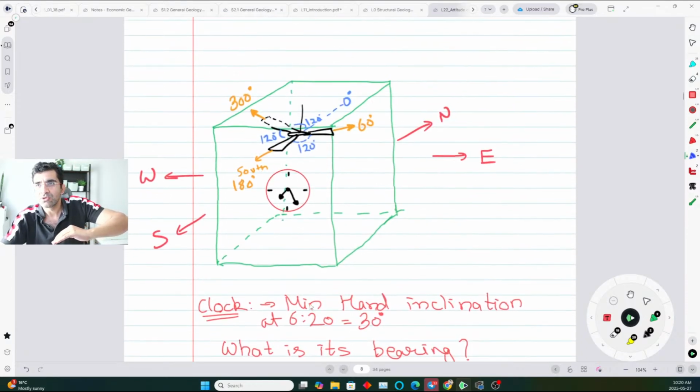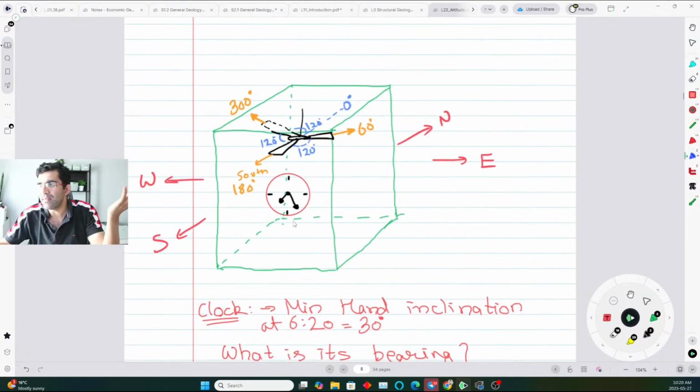Or you can simply imagine rotating it back like this so that it becomes horizontal. Whether it is like this or like that, it doesn't matter. It will have the same horizontal projection. That is your first task.